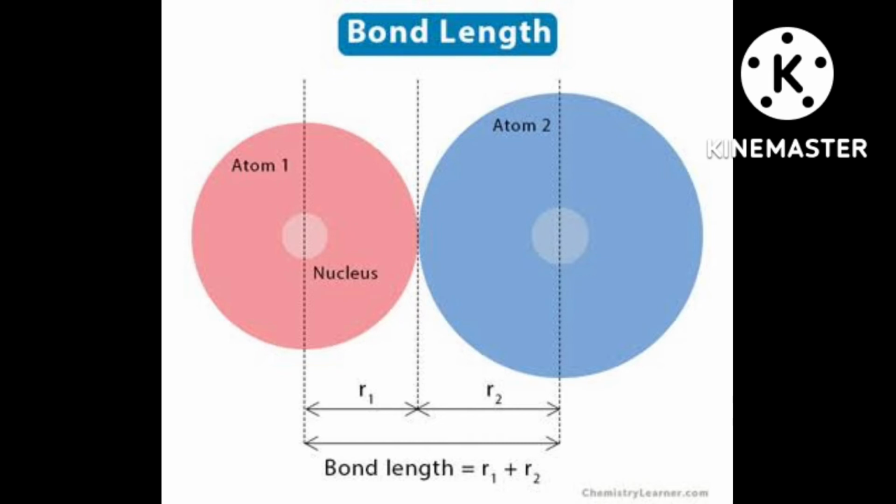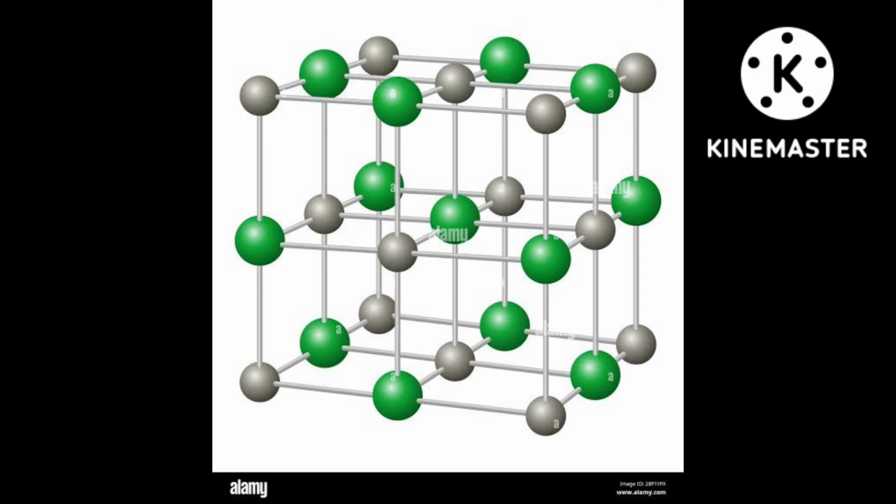Now I am going to tell you about the bond length. If they ask what the bond length is, then you should understand. Bond length is defined as the equilibrium distance between the nuclei of two bonded atoms in a molecule. It's very simple.